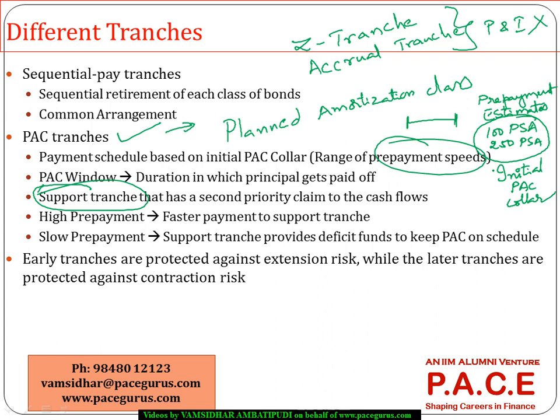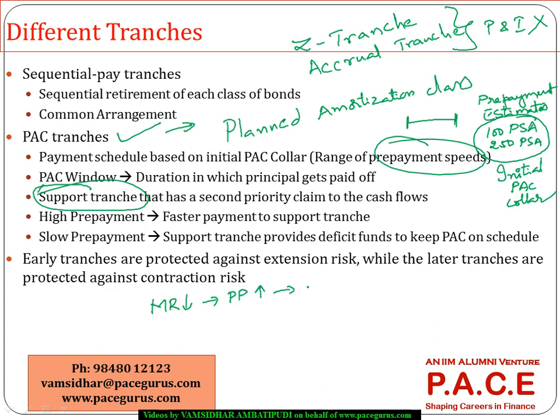So the more prepayments are happening, a lot of amount is going to the support tranche in the initial periods itself. So they are exposed more and more to the contraction risk, and because they are receiving more and more amounts in the initial periods itself, their average life is going to be lesser and lesser. So probably I can build a relationship like this: mortgage rates falling, prepayments increase.